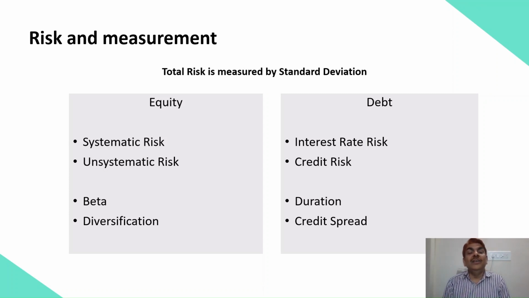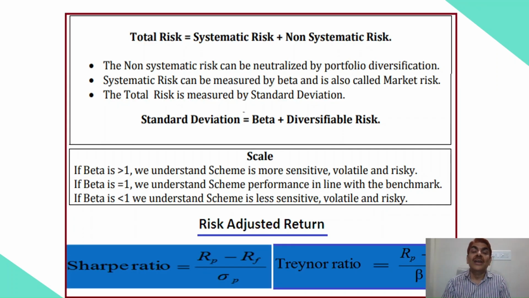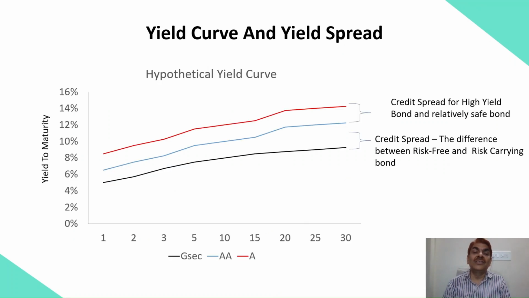So these two different securities, equity and debt, will have a different element of risk and they are measured differently. For a simple illustration, I can show you one slide on credit risk. It will give you an idea: the yield to maturity is on the y-axis, and then the bonds from government security to double A to single A, and you will find the spread between the G-sec to double A, G-sec to single A, and that spread is going up.